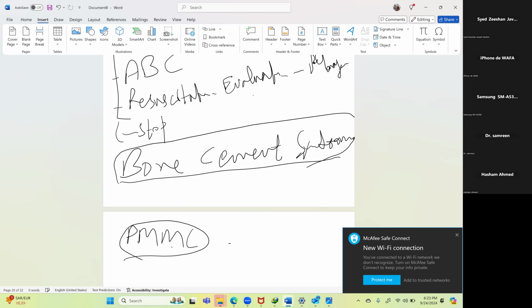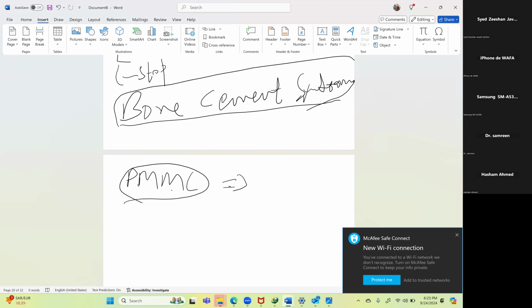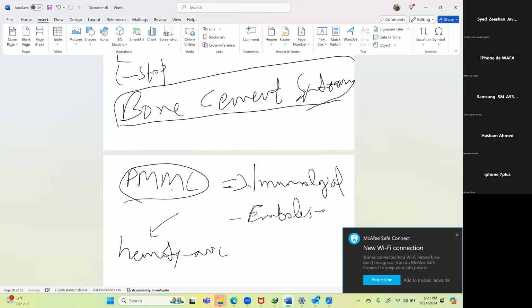When it is mixed with its solvent, there is a hyperthermic reaction which occurs, and it can result in an immunological response sort of thing, as well as an embolism-like effect. So suddenly there will be hemodynamic instability.